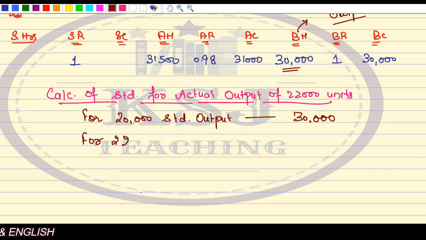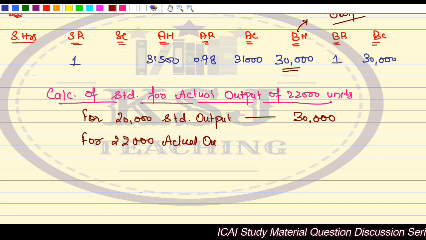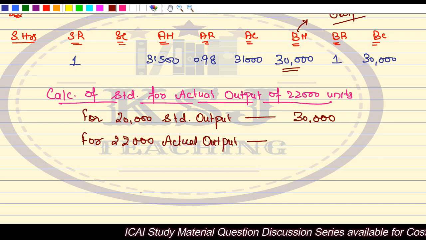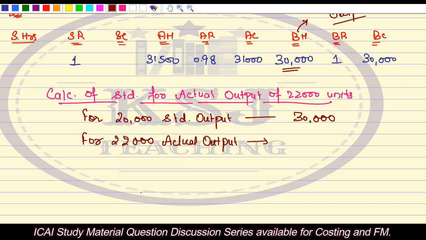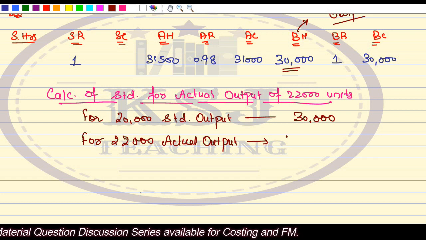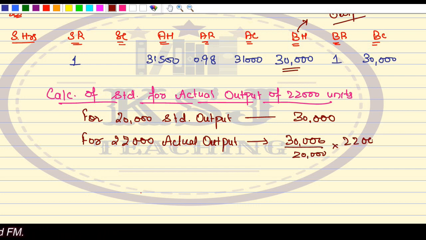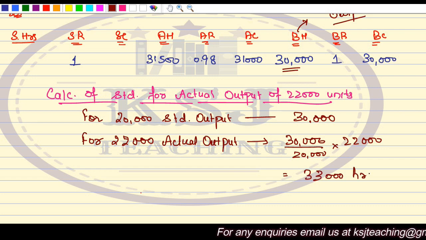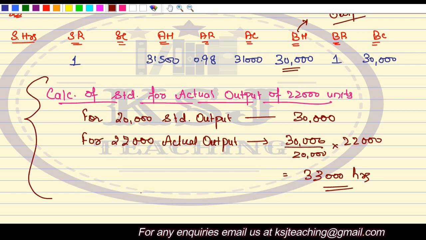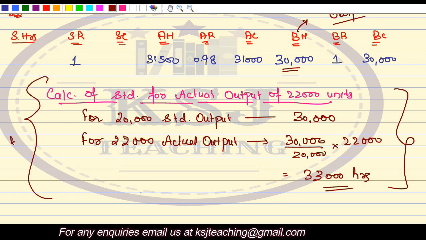So for 22,000 actual output, what will be my standard hours? 30,000 divided by 20,000 multiplied by 22,000. Right? So this will come to 33,000 hours. Right, so this calculation is important in this question.